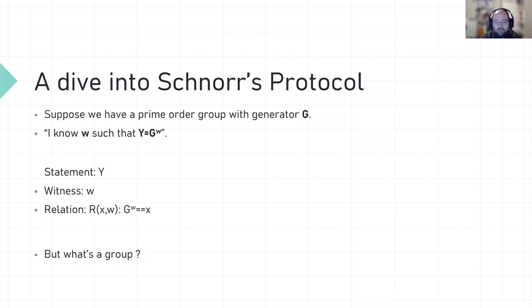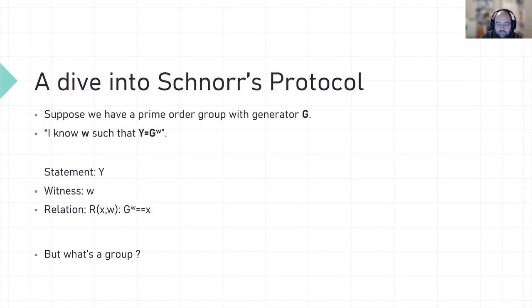Suppose we have a prime order group that is generated by some generator called capital G. And we want to prove a statement that says, I know a witness W such that element Y equals G to the power of W. So in this example, our statement is Y, our witness is W, and the relation we're claiming we know an instance of is a relation between X and W that says that G to the power of W equals X.